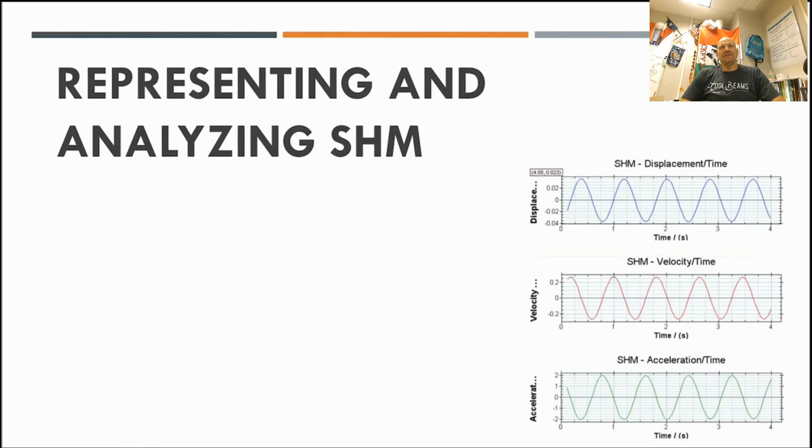The new curriculum will have the added idea that simple harmonic motion can be represented by a sine or cosine curve. The dependence will be on where you start taking your data.